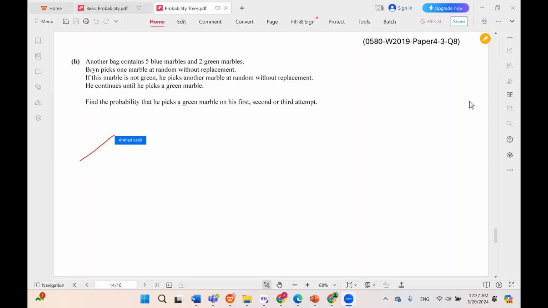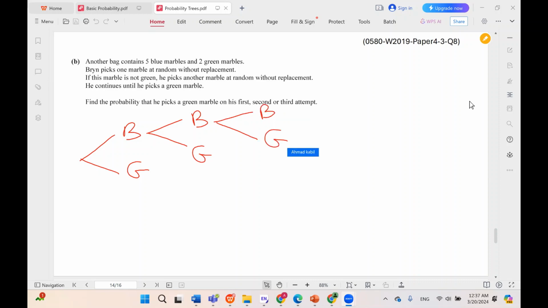He can either pick blue or green. If he picks green, he stops. If he picks blue, he starts again. He can pick blue or green again. And then if he picks blue for a second time, he would have to take a third attempt. And we stop after 3 attempts because this is the scope of the question.